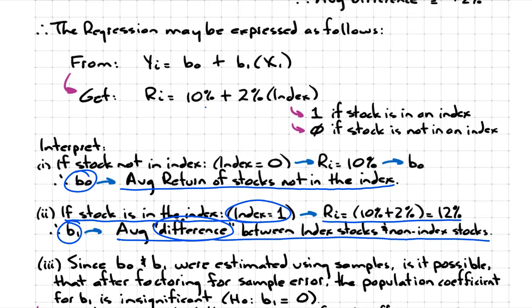So you've got to be careful there. This 2% is not saying that stocks listed on the index will make 2%. No, it's saying stocks listed on the index will make an extra 2% relative to the stocks not listed on the index.